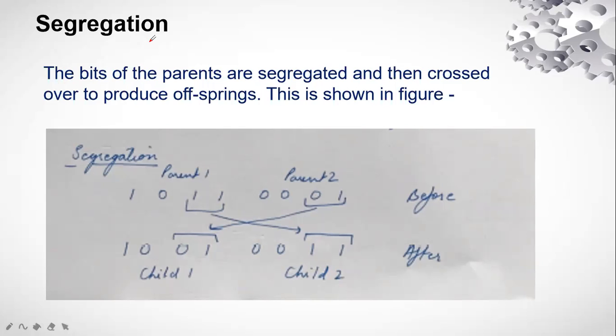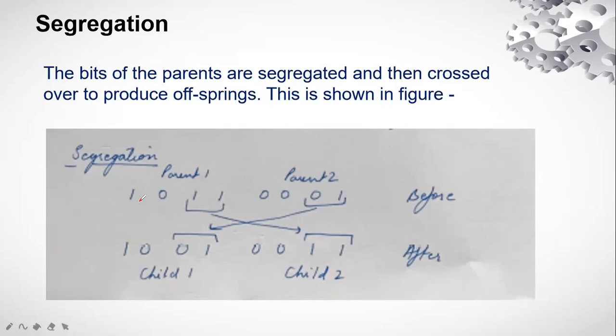That is, child 1 and child 2 are reproduced with the help of parent 1 and parent 2 when they are mating and the crossover is applied. So here segregation means the bits of the parents are segregated and then crossed over to produce offspring.